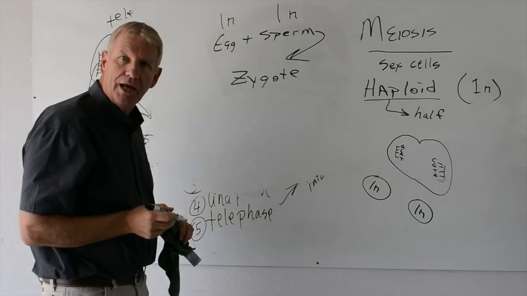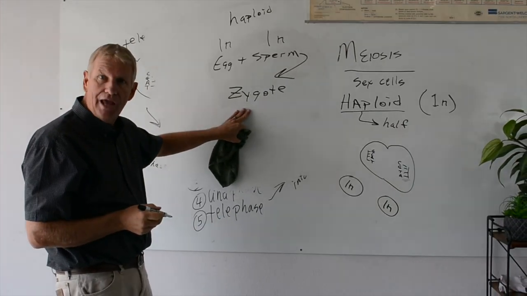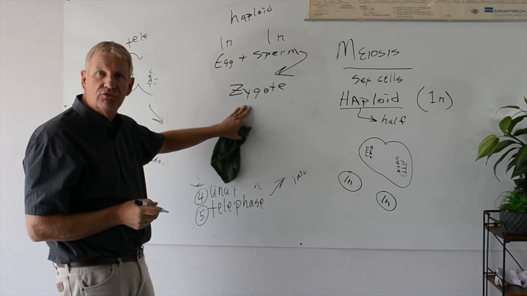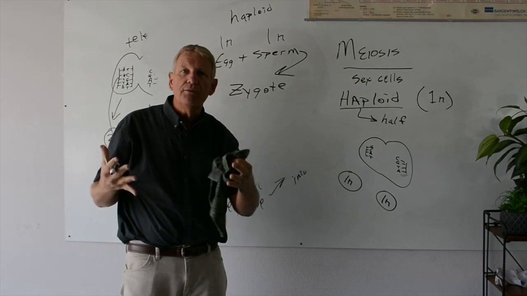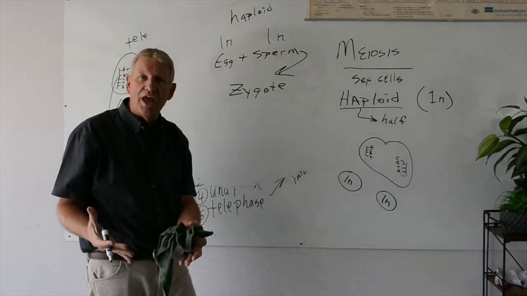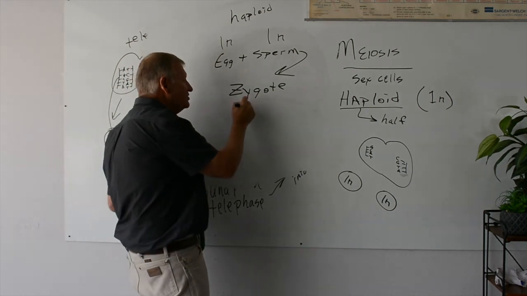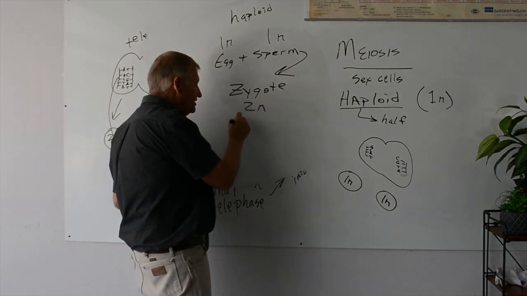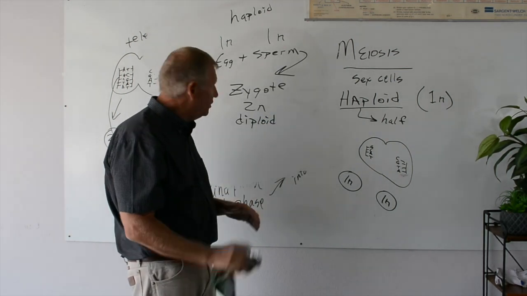Then the zygote, the two combine. Now we've got the whole DNA combination for the new resulting baby here that's going into a germinal stage and then a fetal stage. This is 2N. Now this is diploid. Now we have all the genetic material.